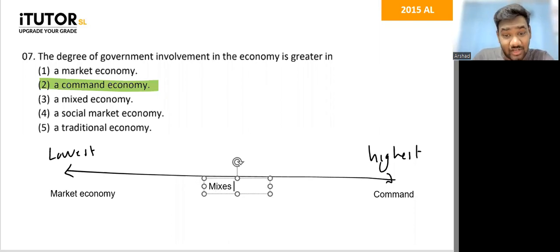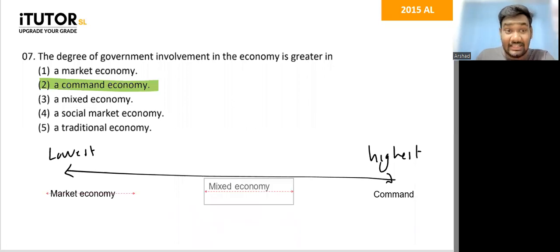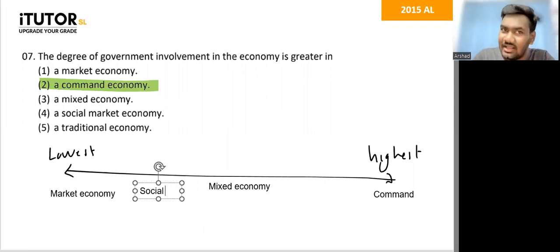Now, within the mixed economy there are also two types: social market and socialist market. A social market is more like a market economy, but the government intervenes a little to promote social justice. We'll talk about social market in a question when we come there. So social market economy comes here, lower.